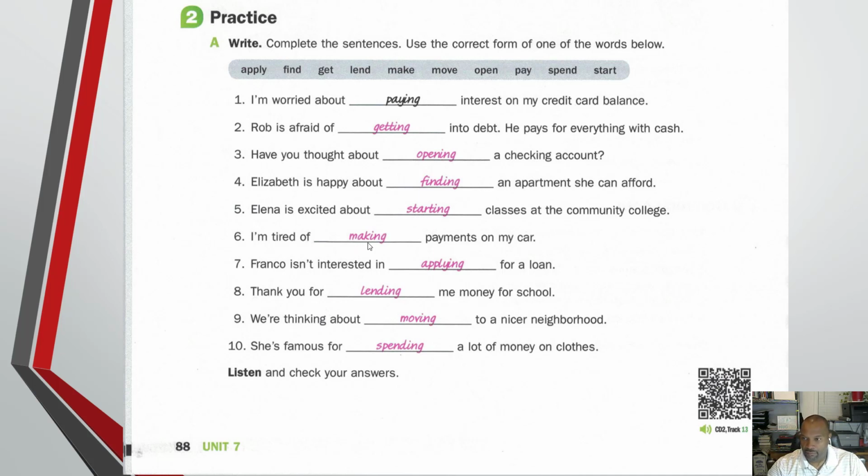Tired of, making. Interested in, applying. Thank you for, lending. Thinking about, moving. And famous for, spending. Okay, so hopefully you got those right. If you have any questions, let me know. Okay, let's move on.